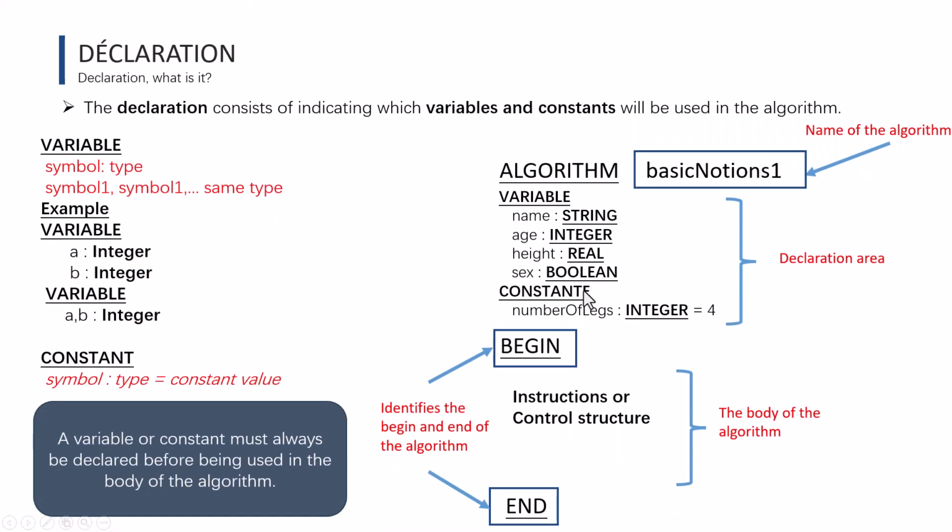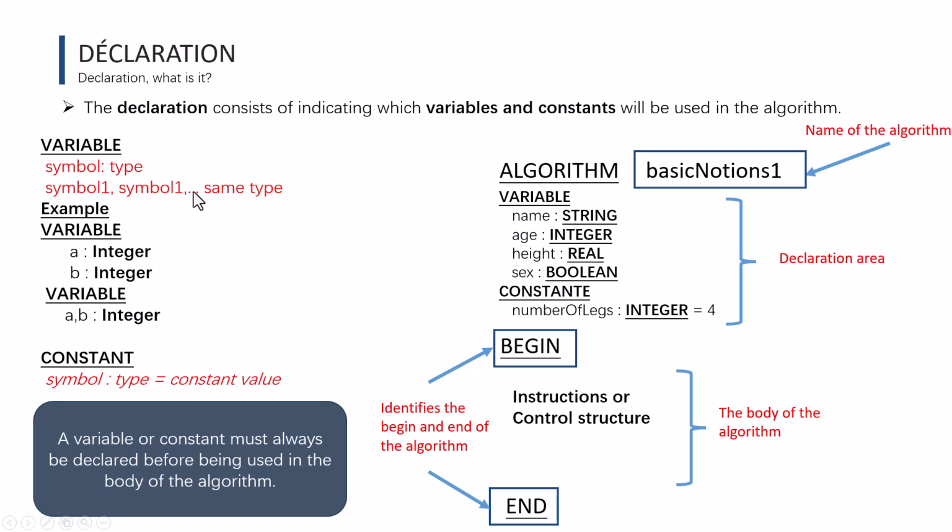Now, what is declaration? Declaration consists of indicating which variables or constants we will use inside the algorithm. First of all, to declare a variable, you have two possibilities. You can declare the variable by giving the unique name, also identified as a symbol, then a colon, and then the type.